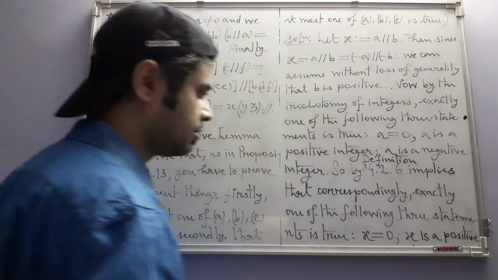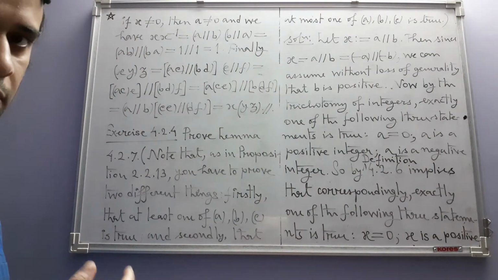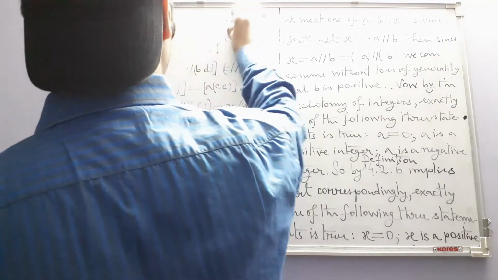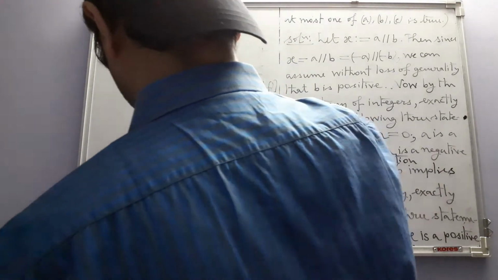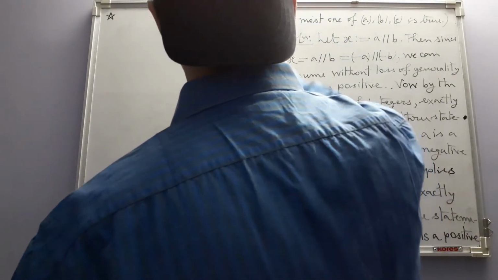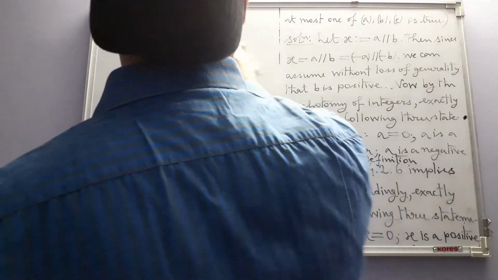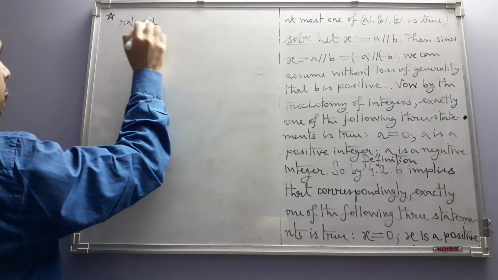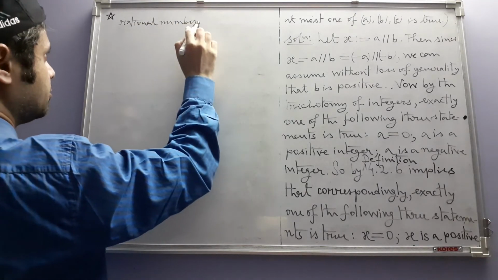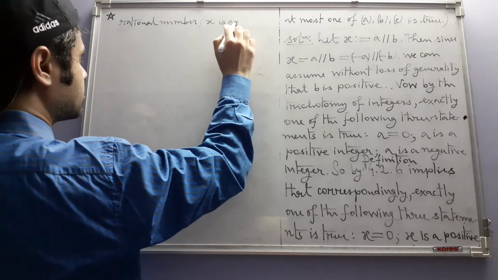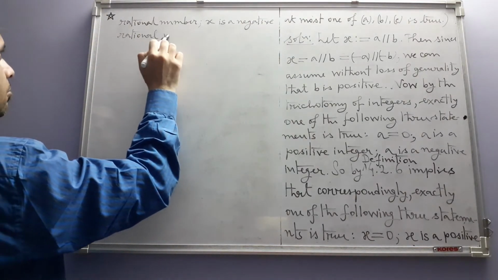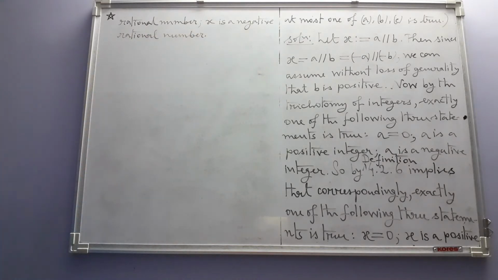So that tells us that x is positive if and only if there exist positive integers a and b such that x is equal to a by b. x is a positive rational number, and the last one is x is a negative rational number. That's it.